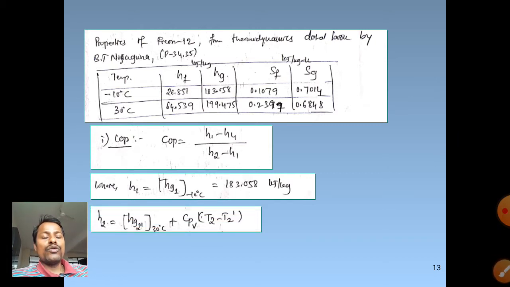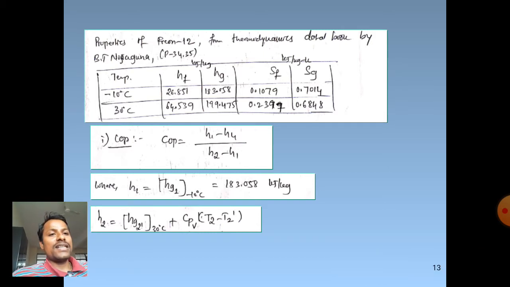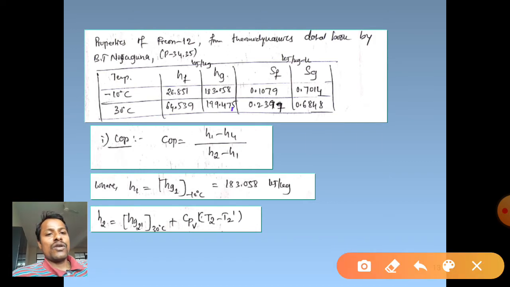Then H2, the enthalpy at state 2. State 2 is superheated vapor in this problem, which can be confirmed from the TS diagram that we have drawn. Then H2 is equal to Hg at 2 dash, wherein 2 dash is at 30 degree Celsius, plus Cp for vapor times the change in temperature.